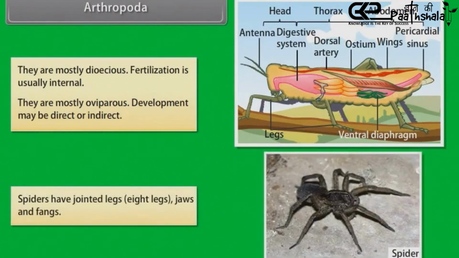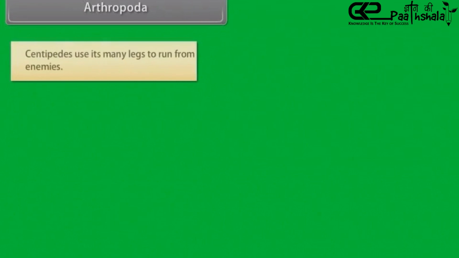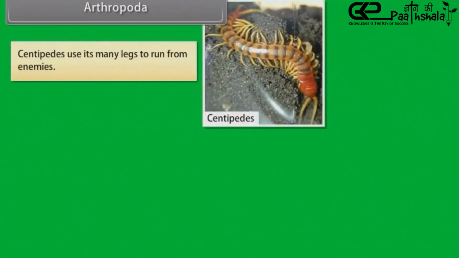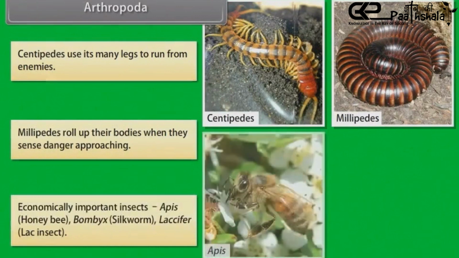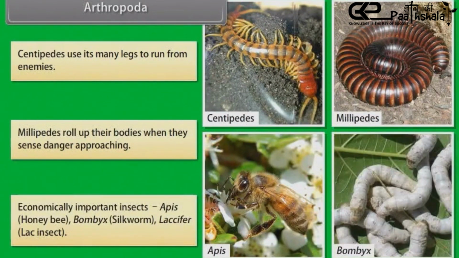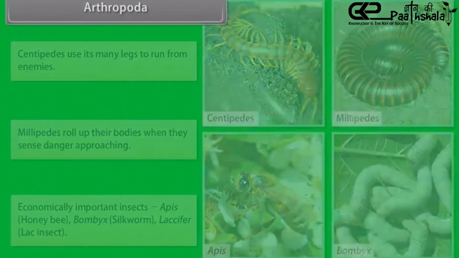Spiders have jointed legs, 8 legs, jaws and fangs. Centipedes use their many legs to run from enemies. Millipedes roll up their bodies when they sense danger approaching. Economically important insects: Apis, that is honeybee, Bombyx, that is silkworm, and Laccifer, that is lac insect.